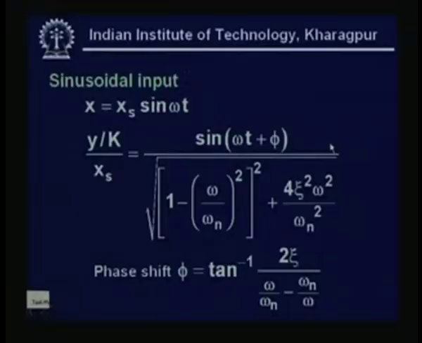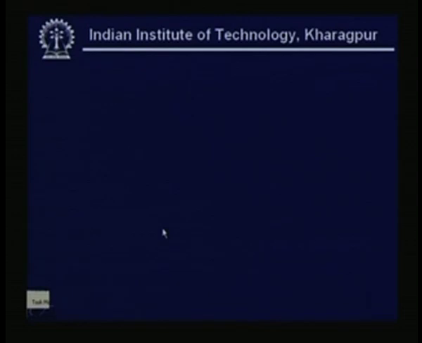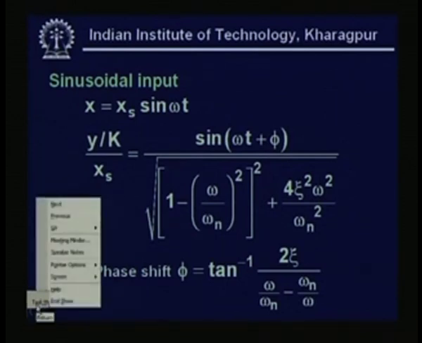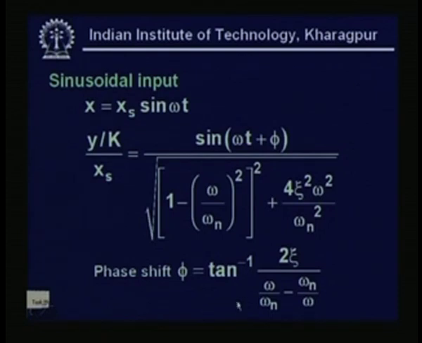It will be clearer if you look at the formula: phi equal to tan inverse of 2 xi upon omega by omega n minus omega n by omega.